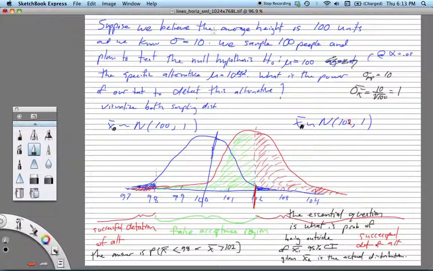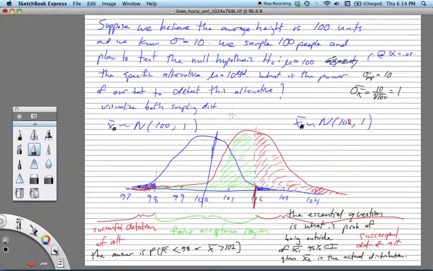So let's just take a look at these two distributions. So this is what we think is happening. And then this guy in the red represents the actual distribution of sample means that we should be observing. Okay, so the idea here is we're doing our test as if this null hypothesis is true, in which case we're going to be rejecting our null hypothesis if our sample mean is anything more than 102, and we're going to be rejecting it if it's anything less than 98.